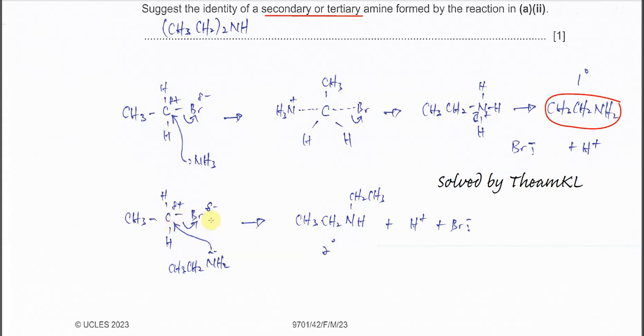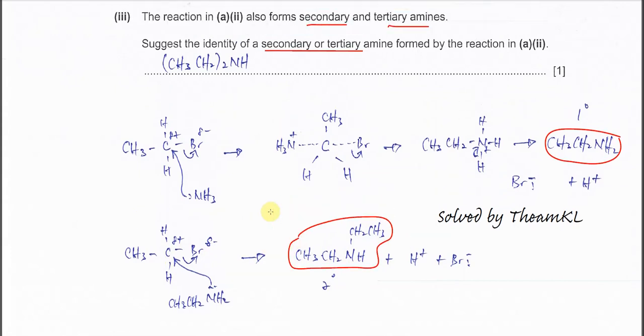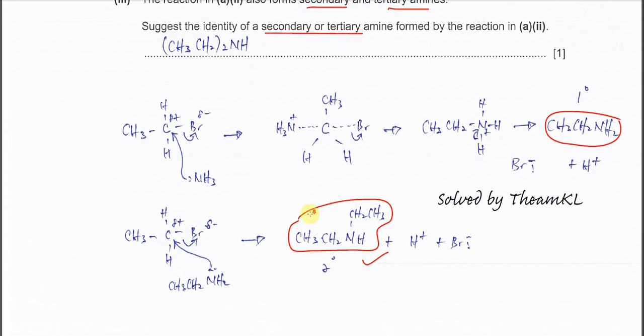The C-Br bond breaks, then it undergoes deprotonation again, and it will form this secondary amine. Therefore, the identity of the secondary amine must be this one: (CH3CH2)2NH. So this is the secondary amine that forms. You have to understand how this works.